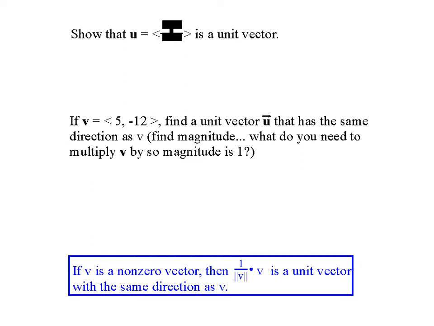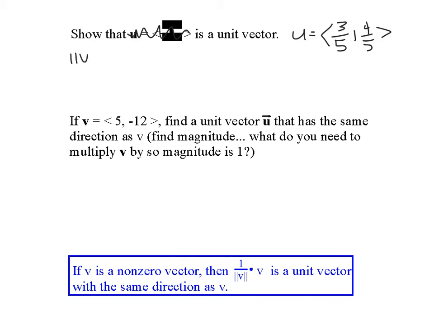All right, so show that this vector, u equals ⟨3/5, 4/5⟩, is a unit vector. So there's the component form of that vector. In order to be a unit vector, your magnitude has to equal 1.